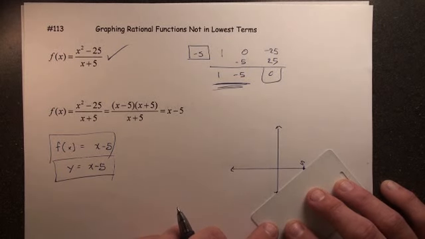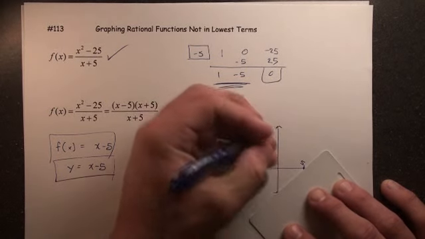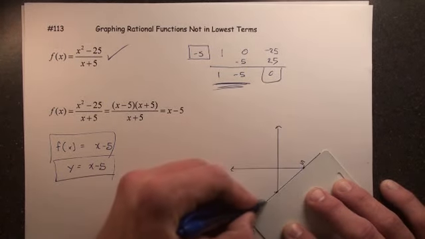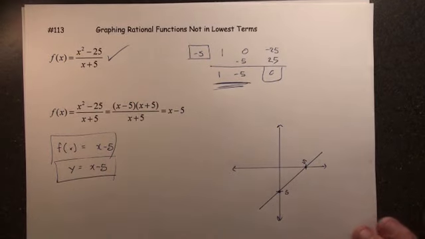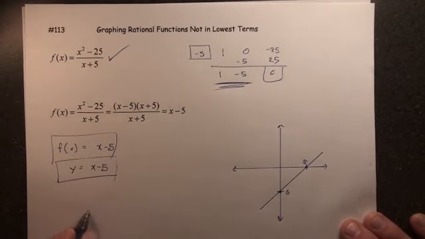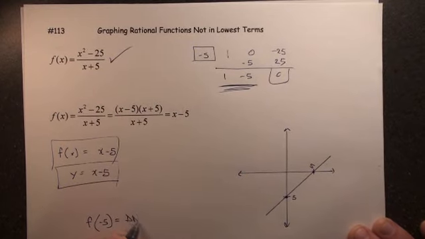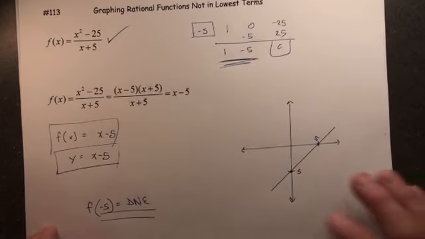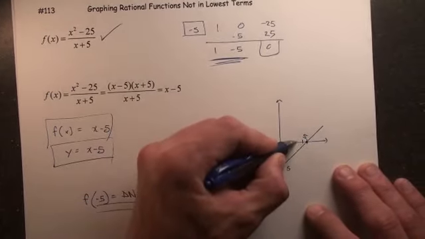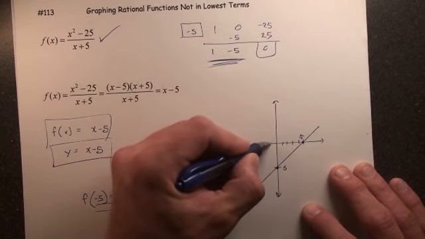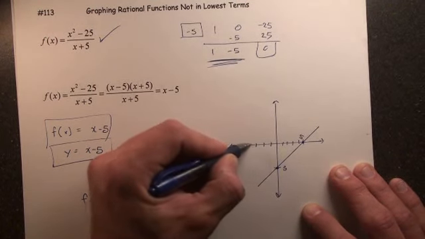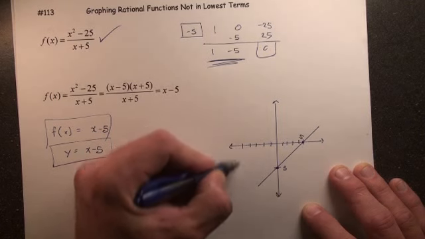You see, there is a problem in our domain. And the problem in our domain is this. F of negative 5 does not exist. So how do we indicate that? Well, here's 4, 3, 2, 1, 0, negative 1, negative 2, negative 3, negative 4, negative 5.